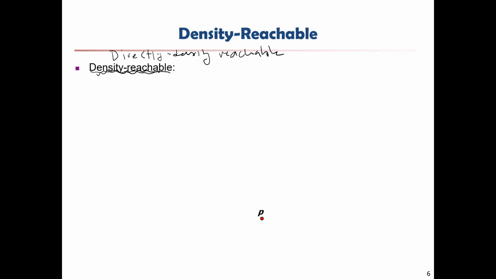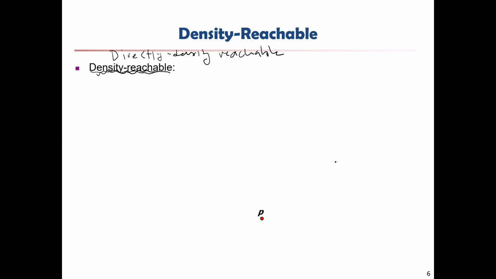The idea here is that any point that you pick doesn't have to be a direct neighbor of your core point P. Rather, it can be any other point which you can reach by tracing several points and hitting that point later in the space.